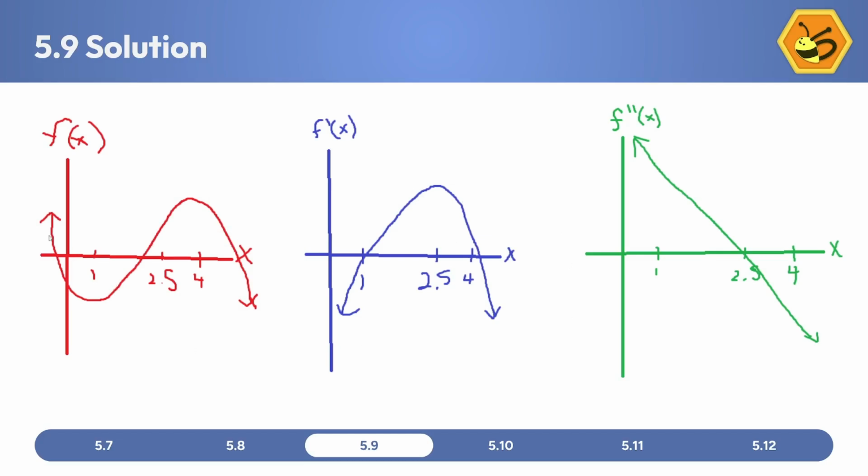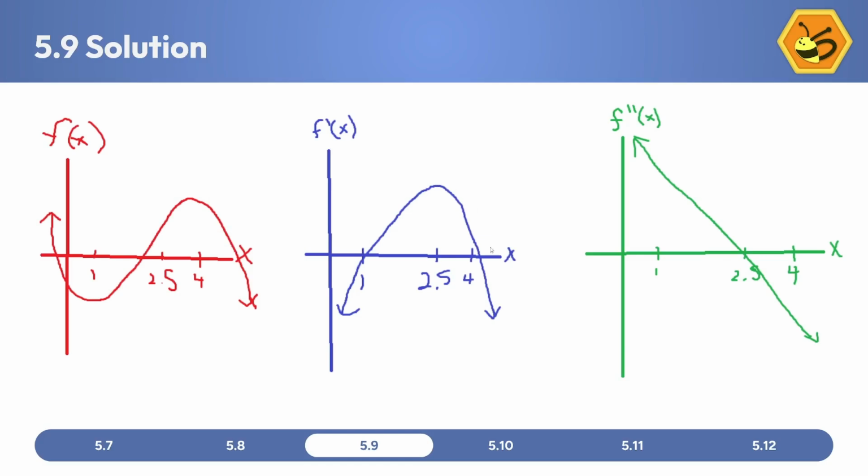Or did I do this wrong? Oh, no, right, because up till 1 we have a decreasing slope, so it's below 0, then increasing, so above 0, then decreasing at 4, so we go below the x-axis. Concavity in general helps to tell us whether the first derivative is increasing or decreasing.